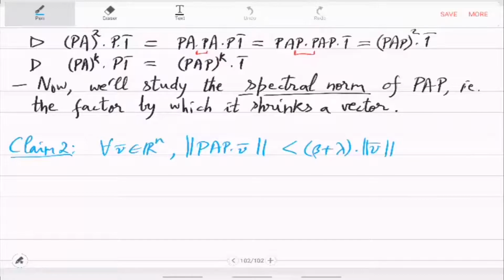So why is this? This is a curious expression. How do you get it? We will first club the PV bar part together.